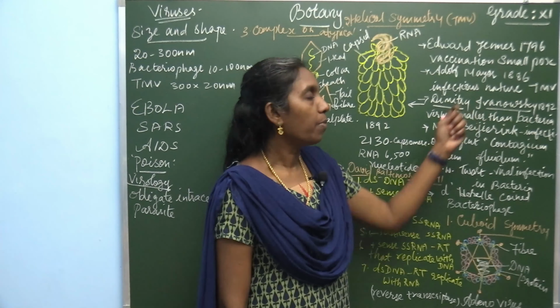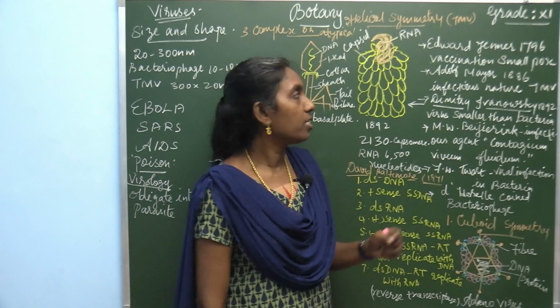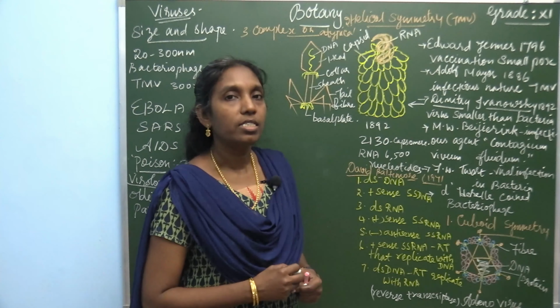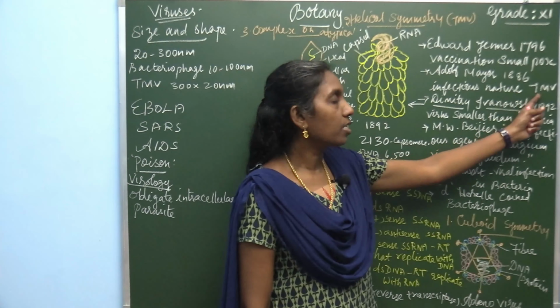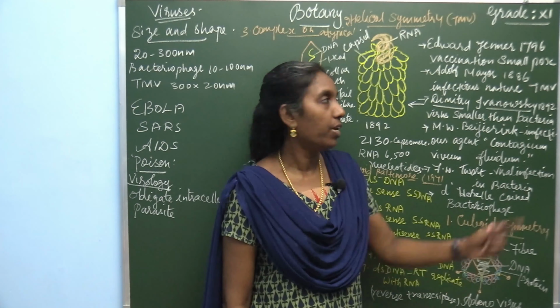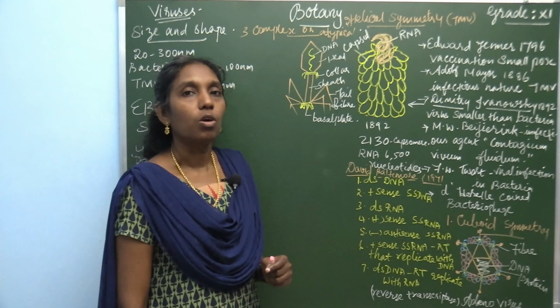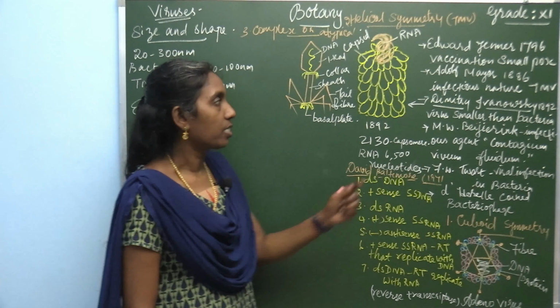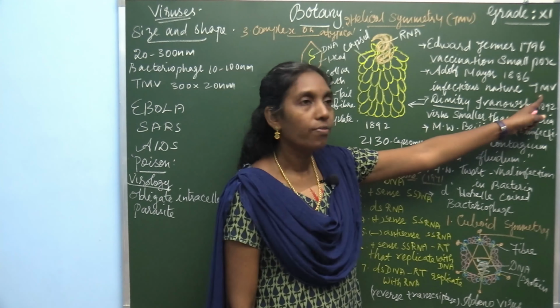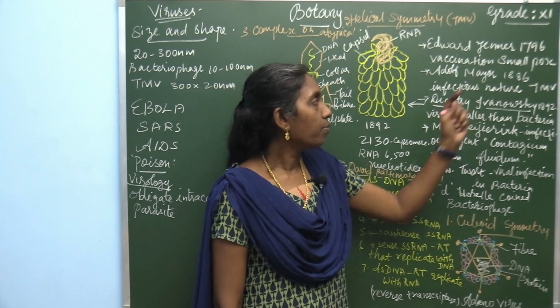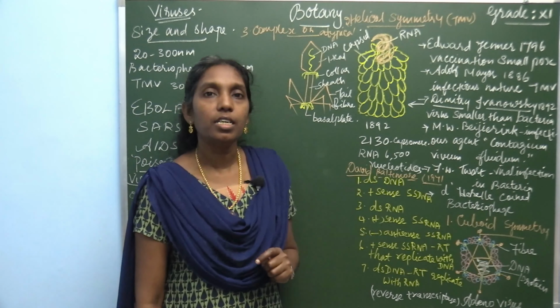Then Adolf Meyer in the year 1886 found the infective nature of virus. There is a type of virus called TMV, tobacco mosaic virus. The infectious nature of TMV was found by Adolf Meyer in the year 1886.